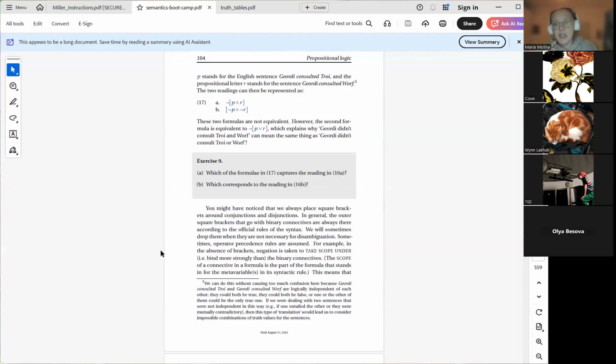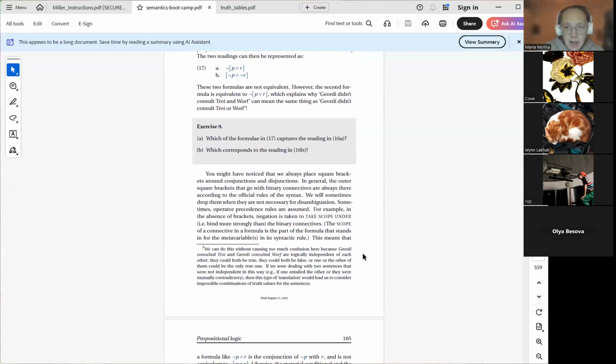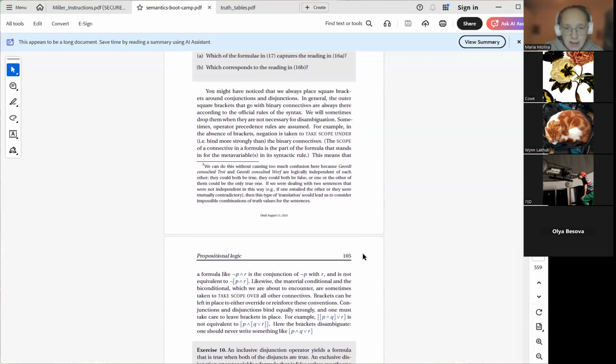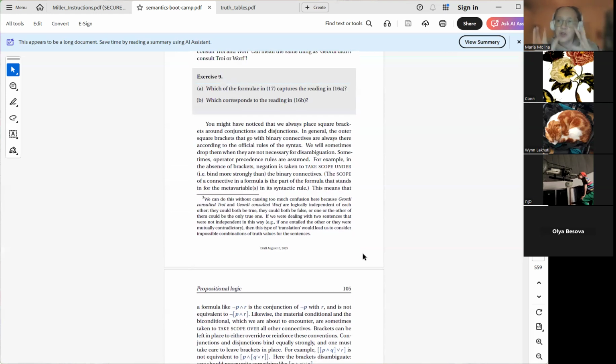This is negation taking scope under the binary connective. And if negation takes scope over the binary connectives, this would mean that first we conjunct the propositional letters and then we apply negation.